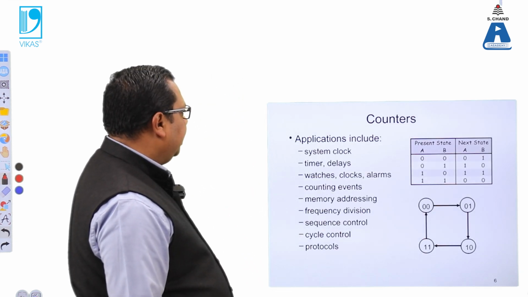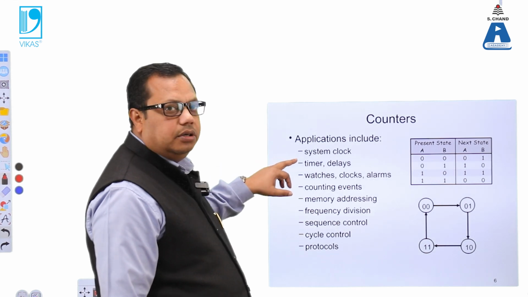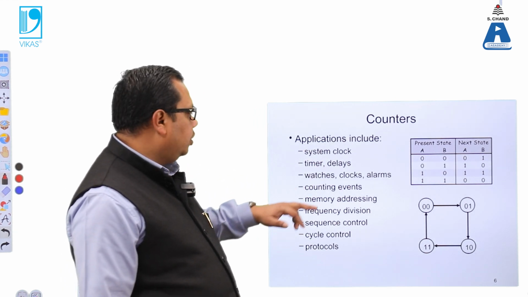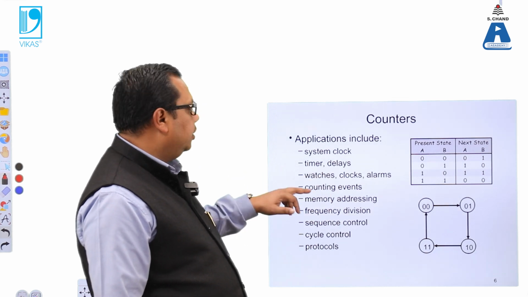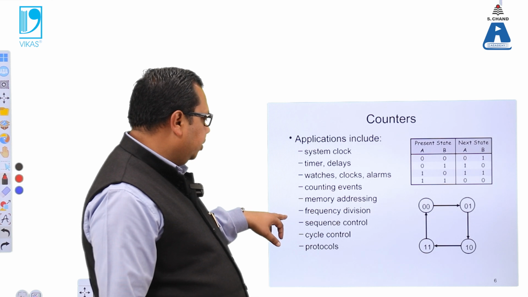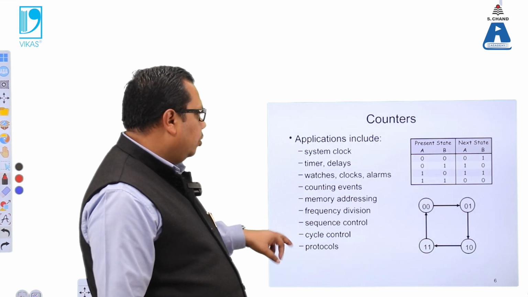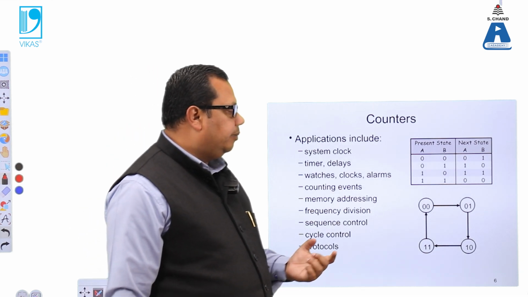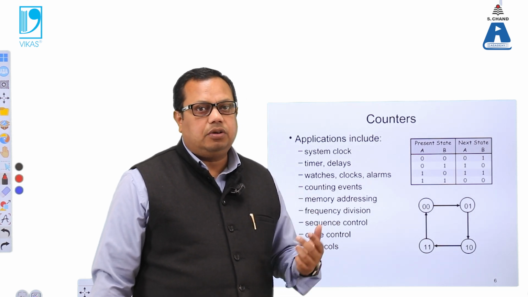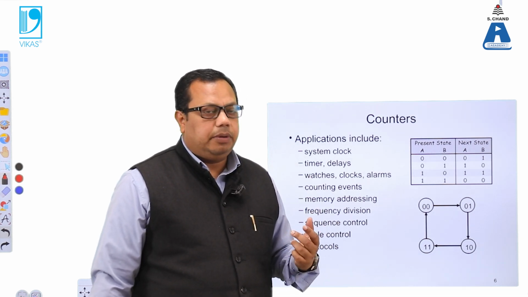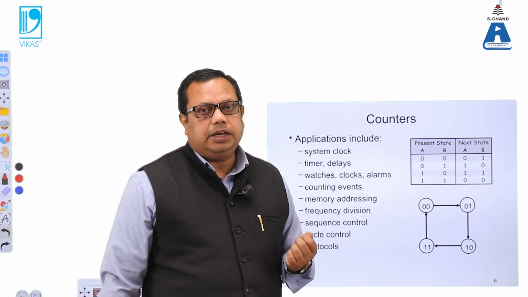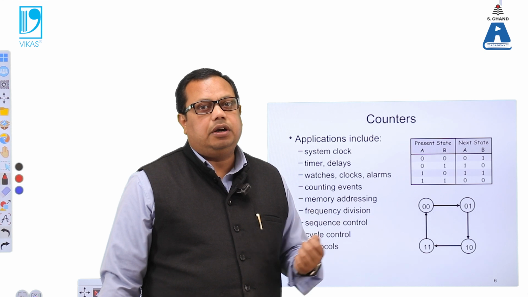Then we have applications that include system clock, timers, and delay. We can see the digital watch, which is a clock, alarm clock, timers, then counting events, memory addressing, frequency division, sequence control, cycle control, and protocols. After digital clocks and sequence control, the most important thing we are using is frequency control.